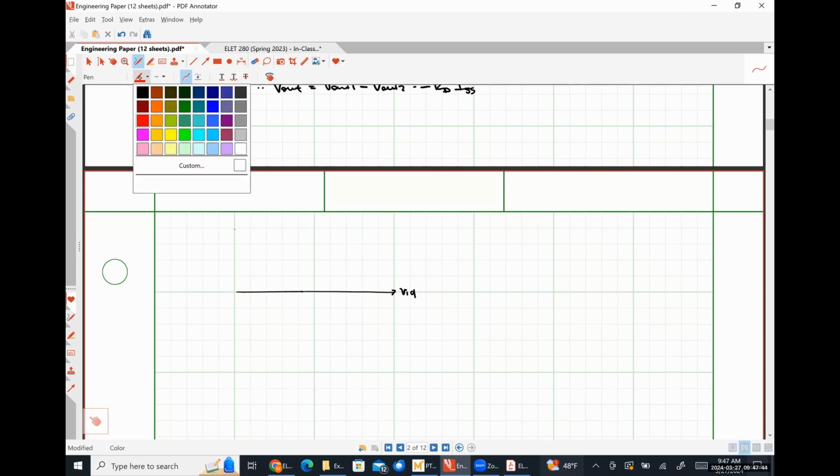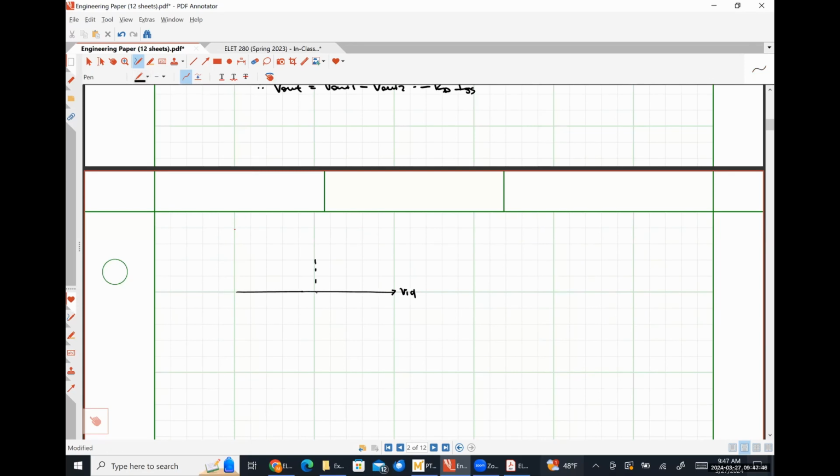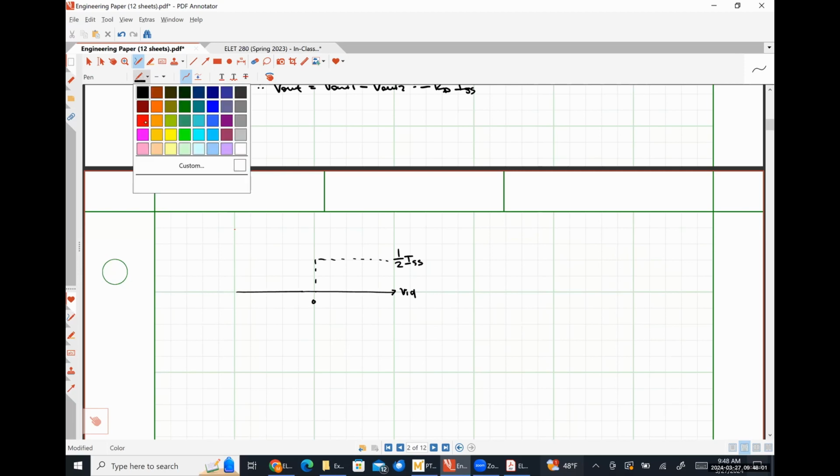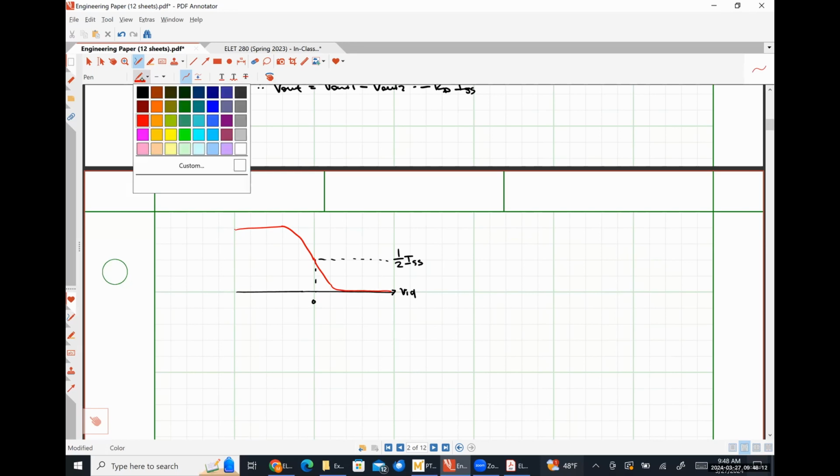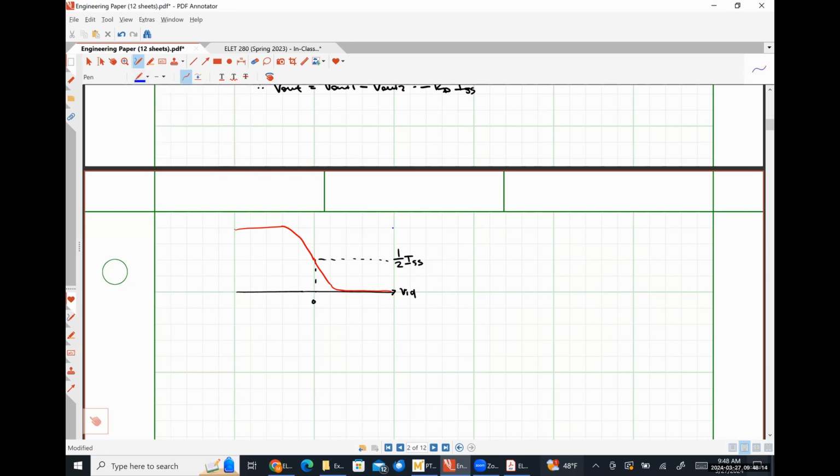Actually, let me put some dashes here. So this is going to be our midpoint. So when VID is equal to 0, we know that both of our currents are supposed to be half ISS. So we would see that ID2 would do something like this. ID1 would do the exact opposite.